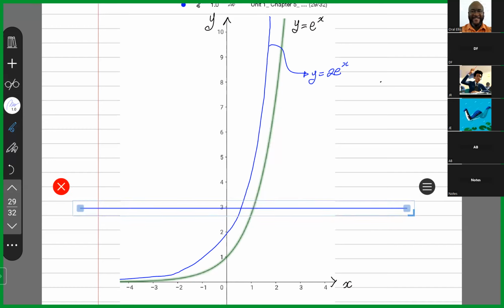So this would be the line y is equal to 3. So it's the same graph, but it's going to go 3 units up. So the horizontal asymptote is now going to be y is equal to 3, and it's going to cut the graph at 5. So essentially, it's the same graph.